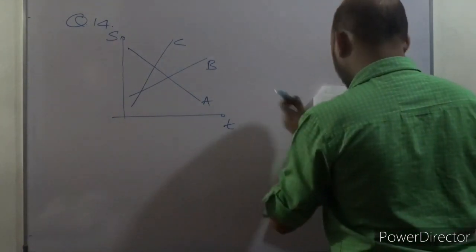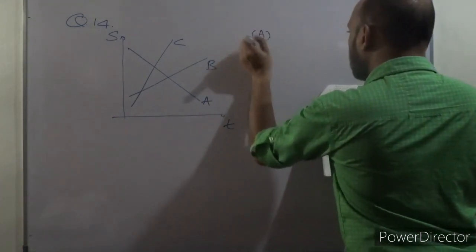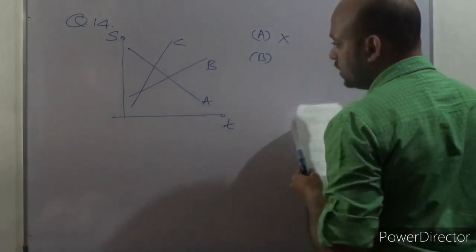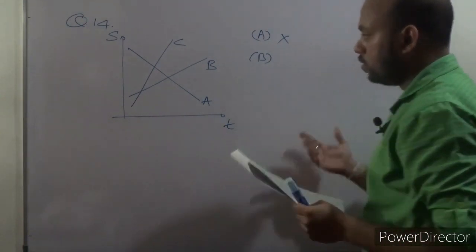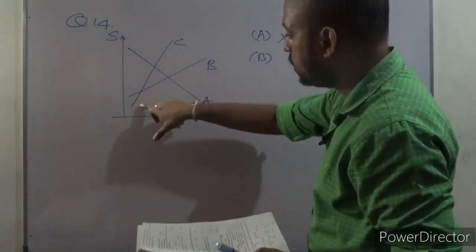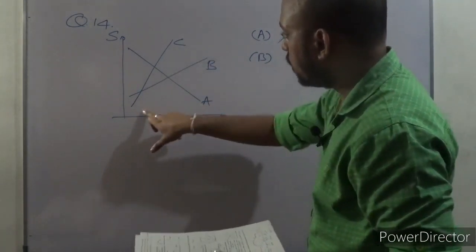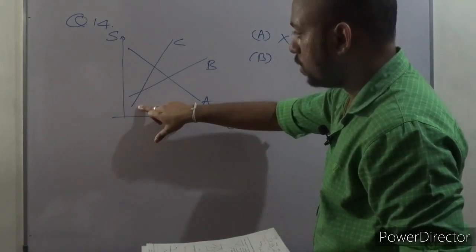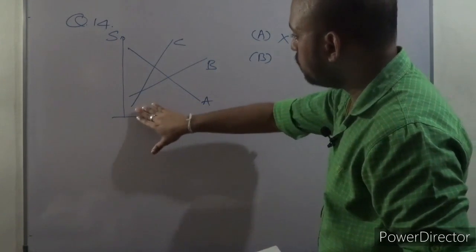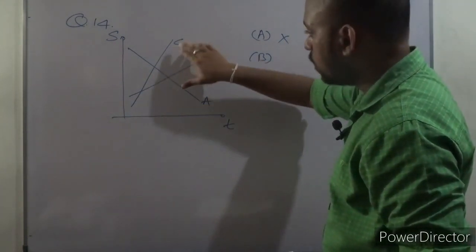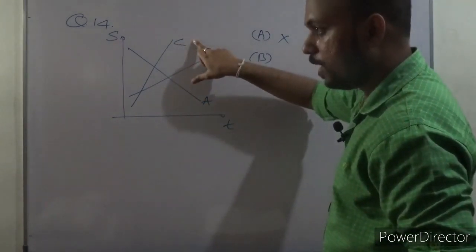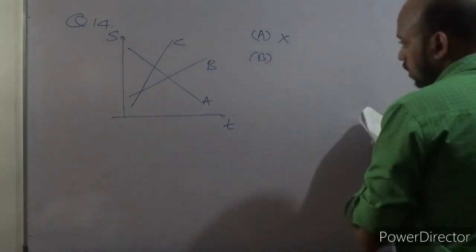So statement A is wrong. B, B is always behind C. So it is not. At the initial moment, C is behind B. After a few seconds, C moves with higher velocity, so after a few seconds C passes B. So it is not correct.